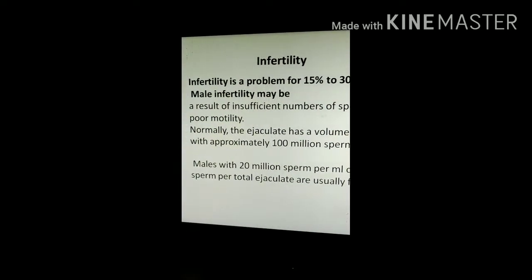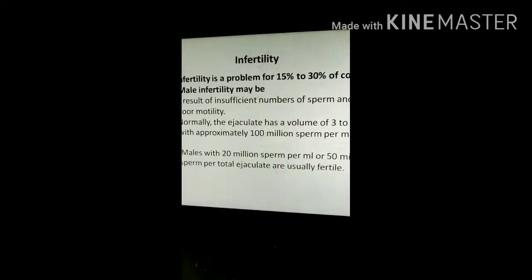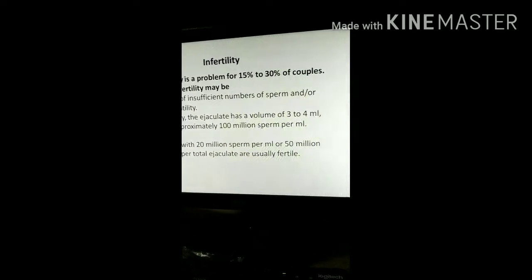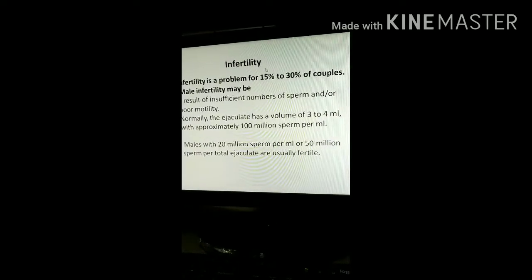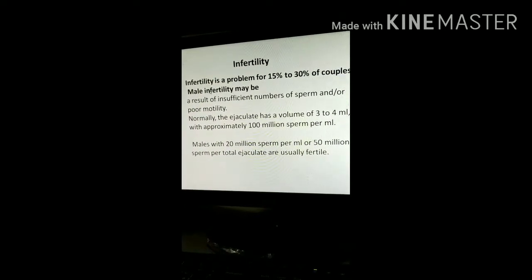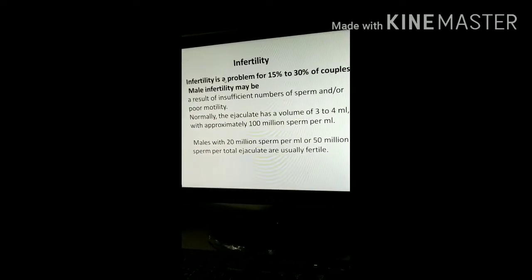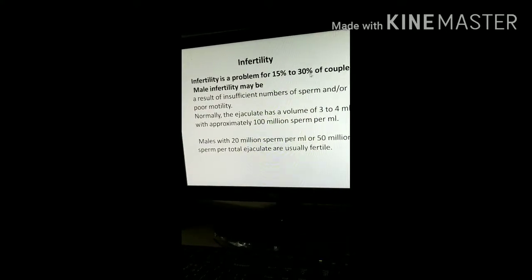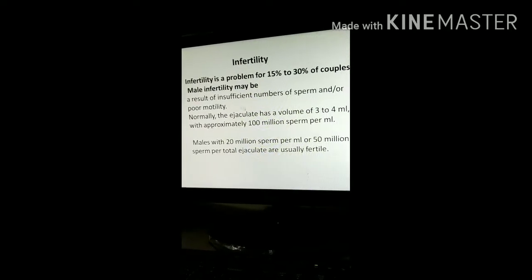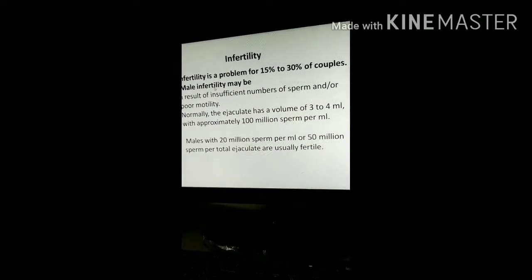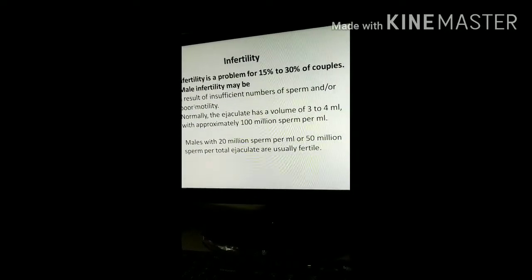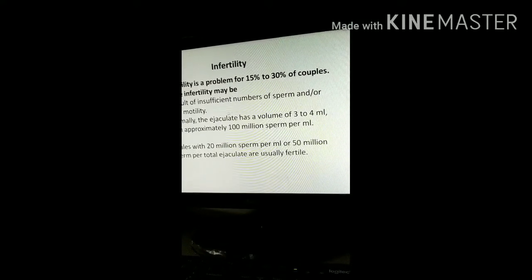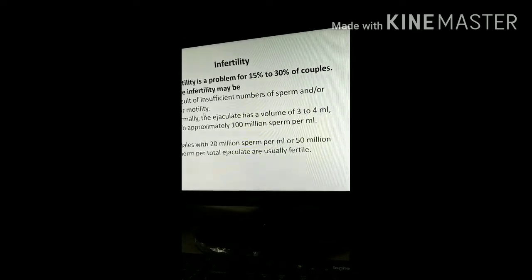Now, some couples are infertile. What are the measures? What treatment is given to infertile couples? Infertility is a miserable life, and this problem occurs in 15 to 30% of couples. Infertility in the male results from an insufficient number of sperm and poor motility of the sperm.